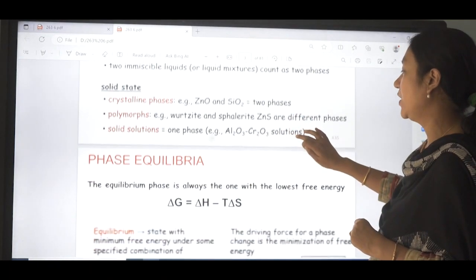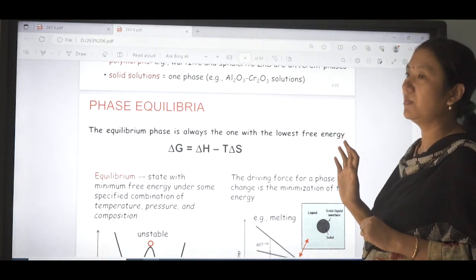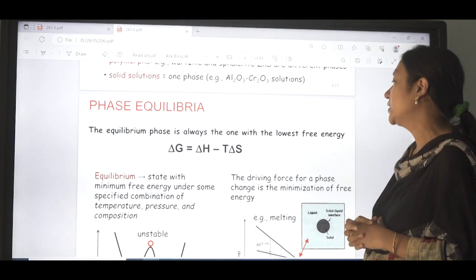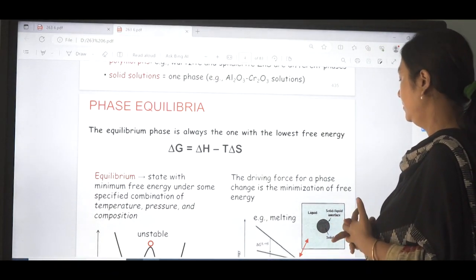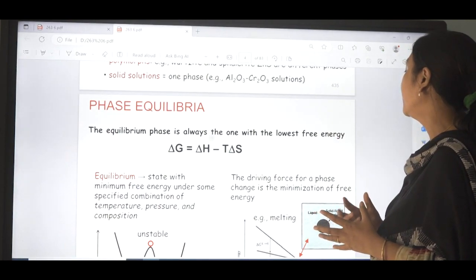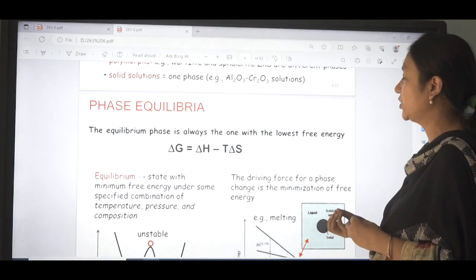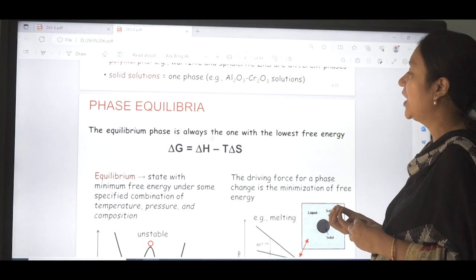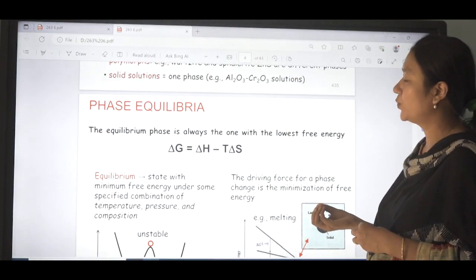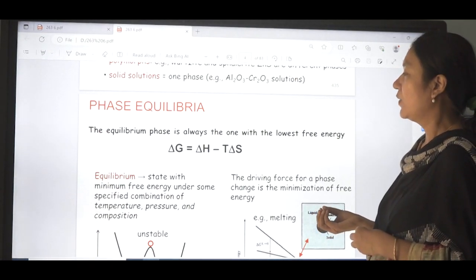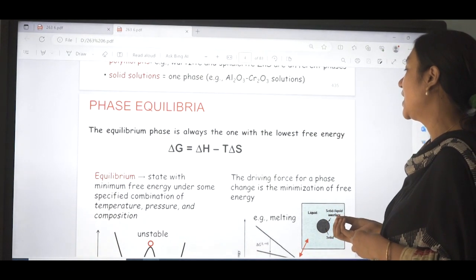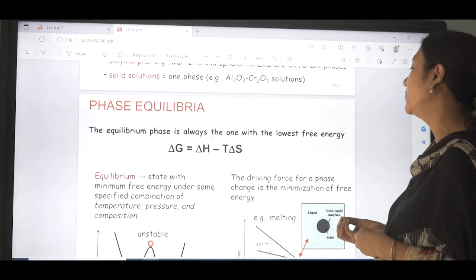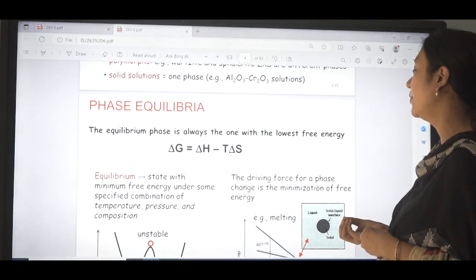Now what is phase equilibrium? The phase equilibrium is always the one with the lowest free energy. So when the free energy is lowest, the reaction will be at equilibrium and spontaneity will occur. What is equilibrium? It is the state with minimum free energy under some specific combination of temperature, pressure, and composition.